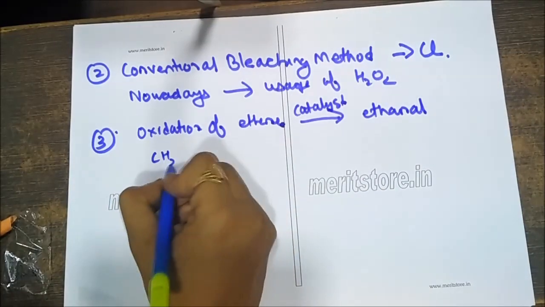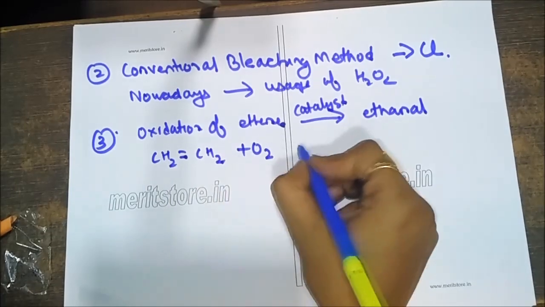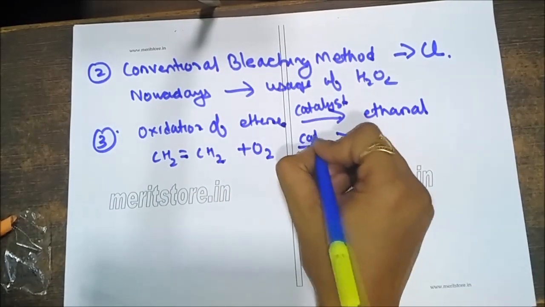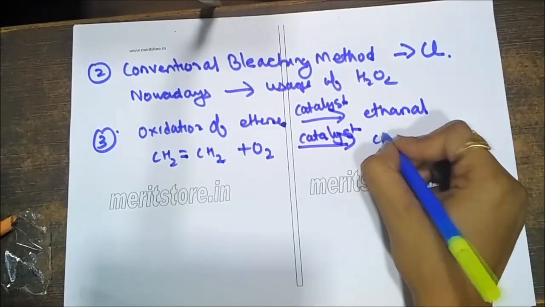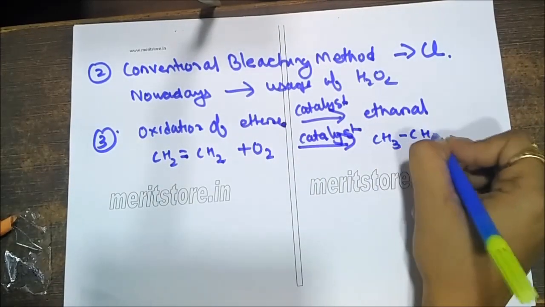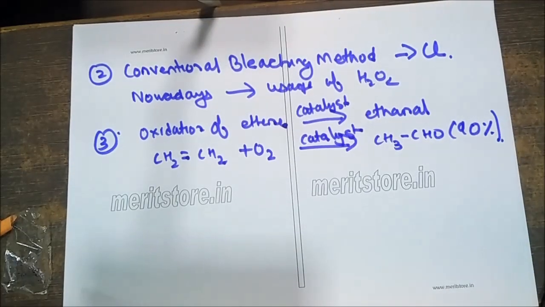So we are taking ethene, and oxidation in the presence of a catalyst has increased the yield of ethanol to 90%. So these are the applications of green chemistry.